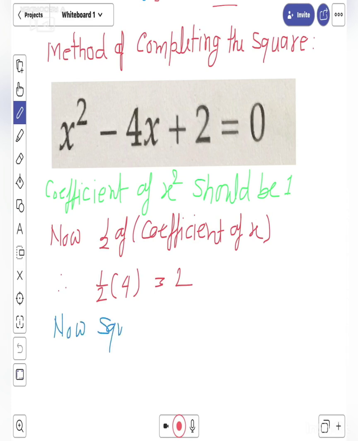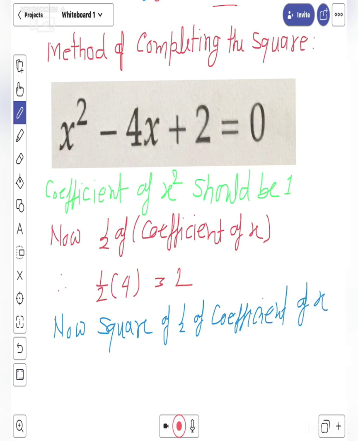After this step, now the square of half of the coefficient of x.